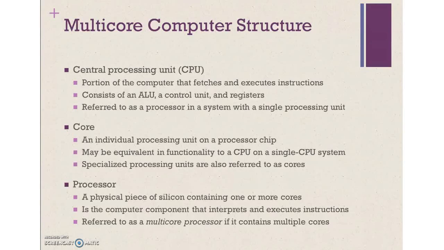We have a CPU, that portion of a computer that fetches and executes instructions. It consists of ALU, control unit, and registers. Core: an individual processing unit on a processor chip. A core may be equivalent in functionality to a CPU on a single-CPU system.